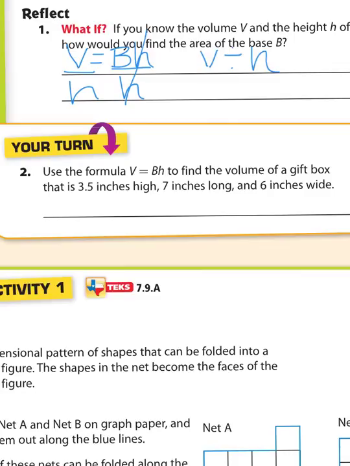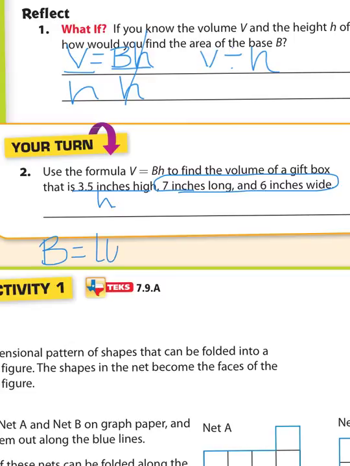So looking now at your turn number 2, we're going to use the formula, volume equals the area of the base times the height, to find the volume of a gift box that is 3.5 inches high. So right there we have the height, 7 inches long, and 6 inches wide. We're going to use the length and the width to find the area of the base.